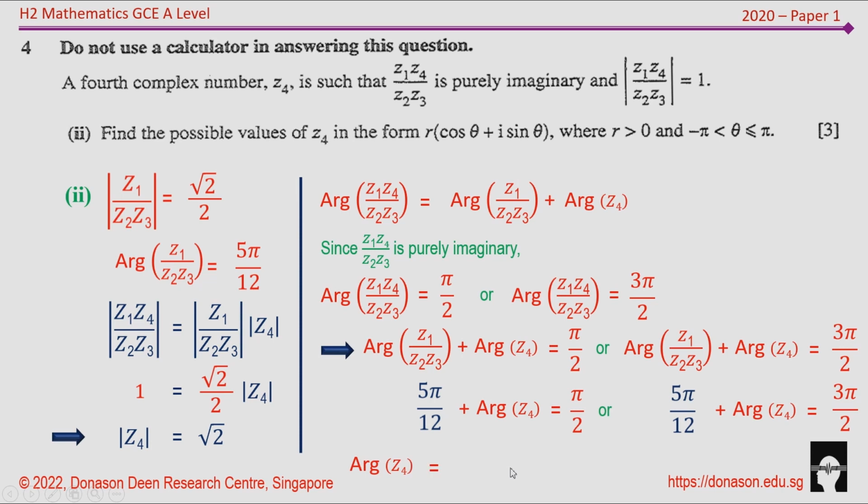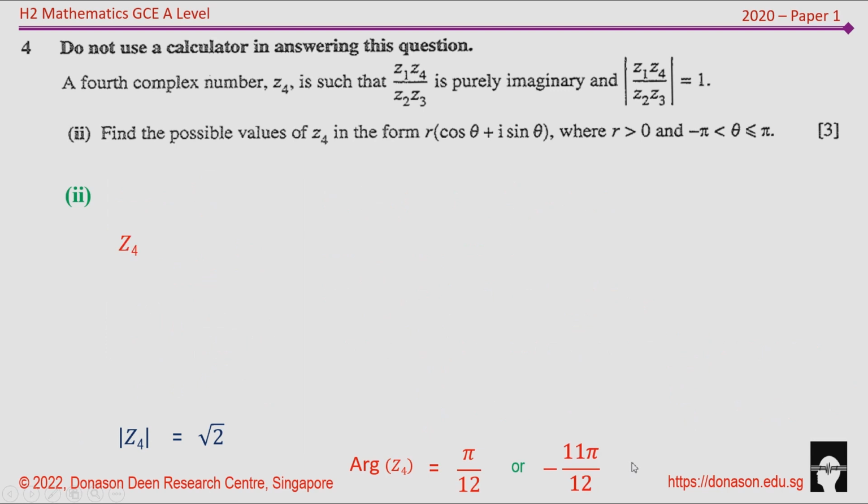Therefore your argument of z4 must be either pi over 2 minus 5 pi over 12, which would become pi over 12, or if you solve the other equation, argument of z4 should be minus 11 pi over 12. So there we have the two possible values of the arguments, and since we have all the values already, now we can write down the complex number z4.